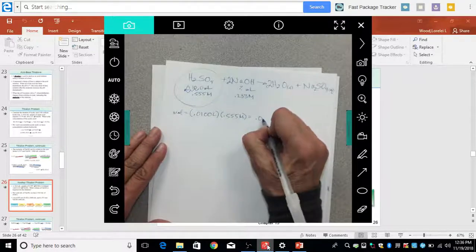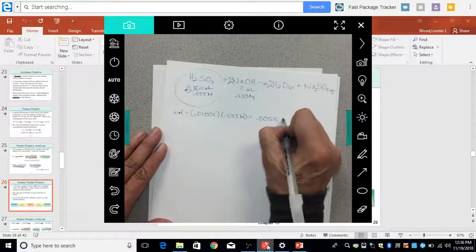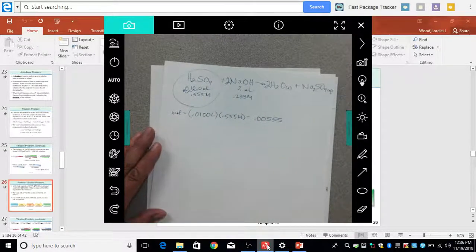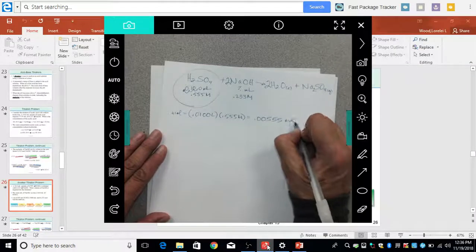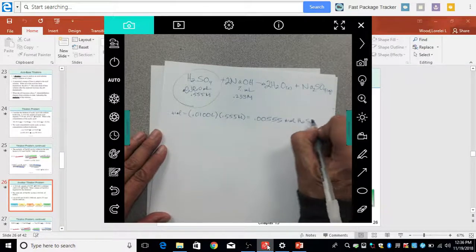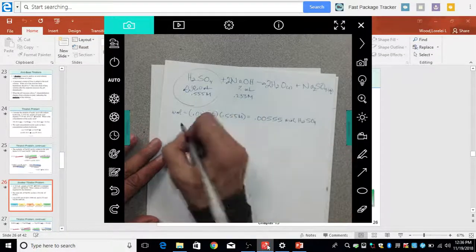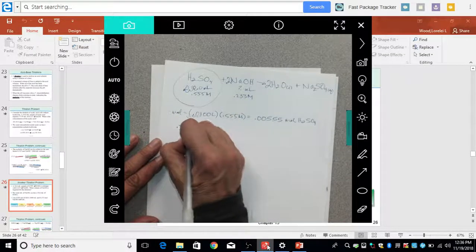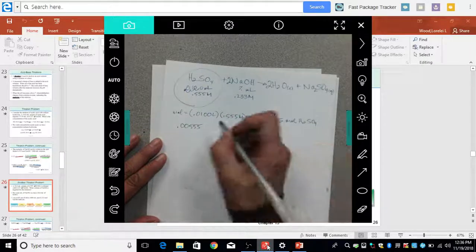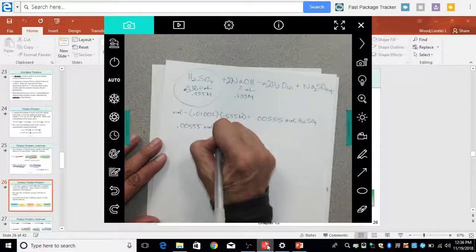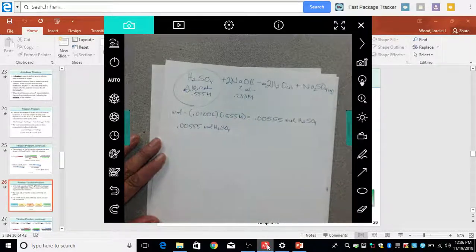Okay, thank you. What are my units here? Moles of sulfuric acid. Units and substance are going to make your life so much easier, I promise. So let's start with that. 0.00555 moles of sulfuric.